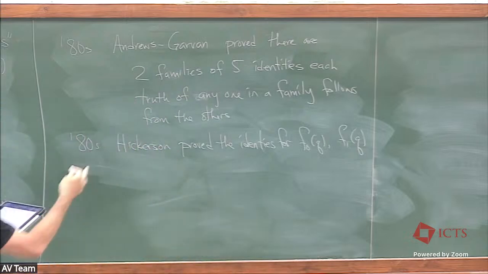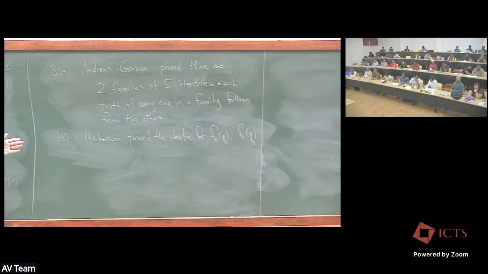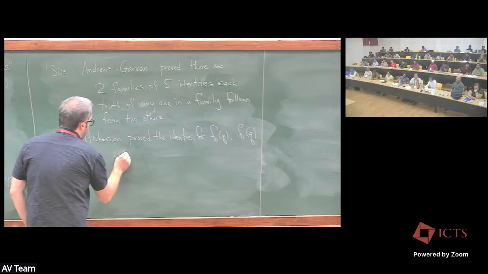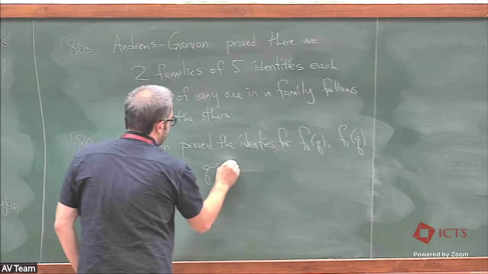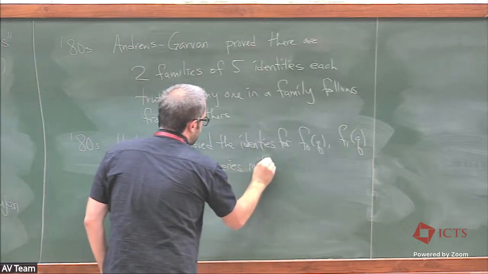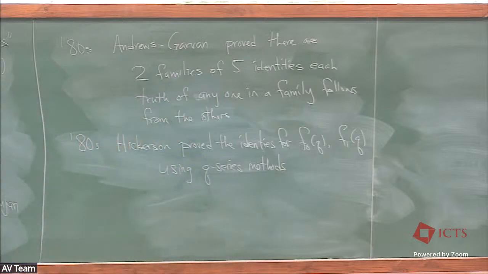And those appear in 2 different families, the 0 family and the 1 family. And so the Mock theta conjectures are true from Hickerson's proof. But this proof used q-series methods. So complicated transformations of q-series that prove these identities.